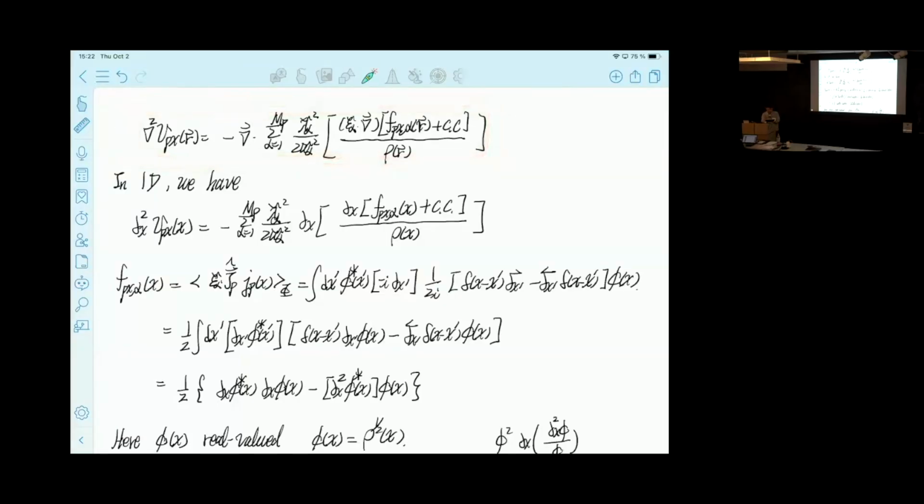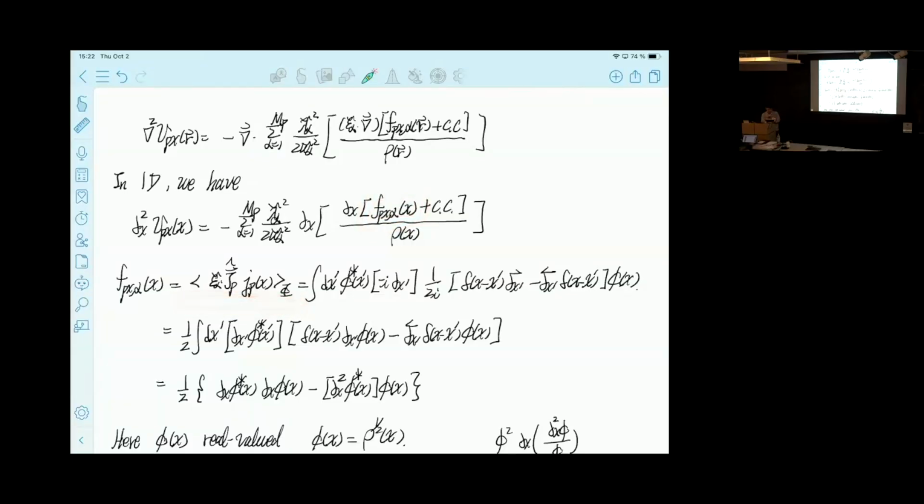So basically now we are in 1D. I transfer every gradient or Laplace integral to a derivative along one direction. So everything becomes a derivative along the x direction. The next thing is that I compute the distance for one particle, so I use this definition.